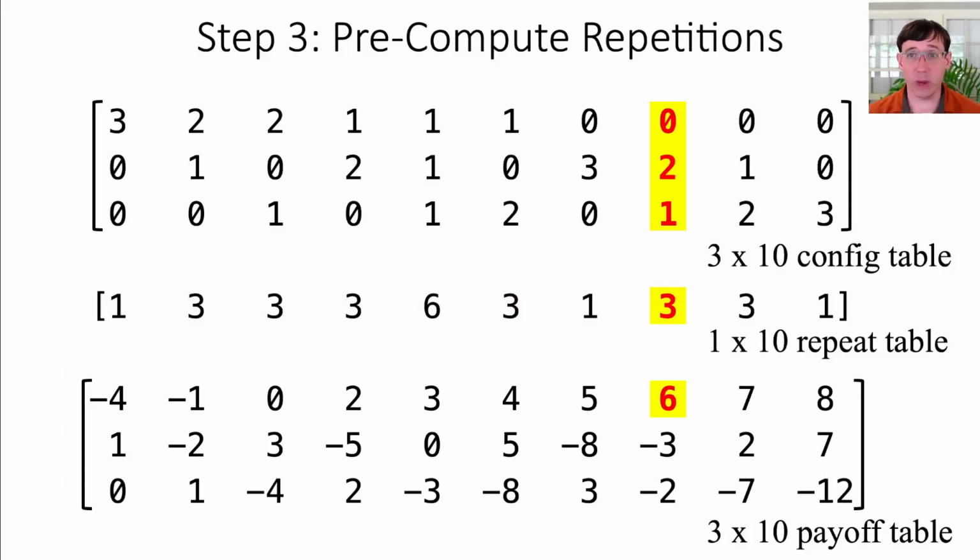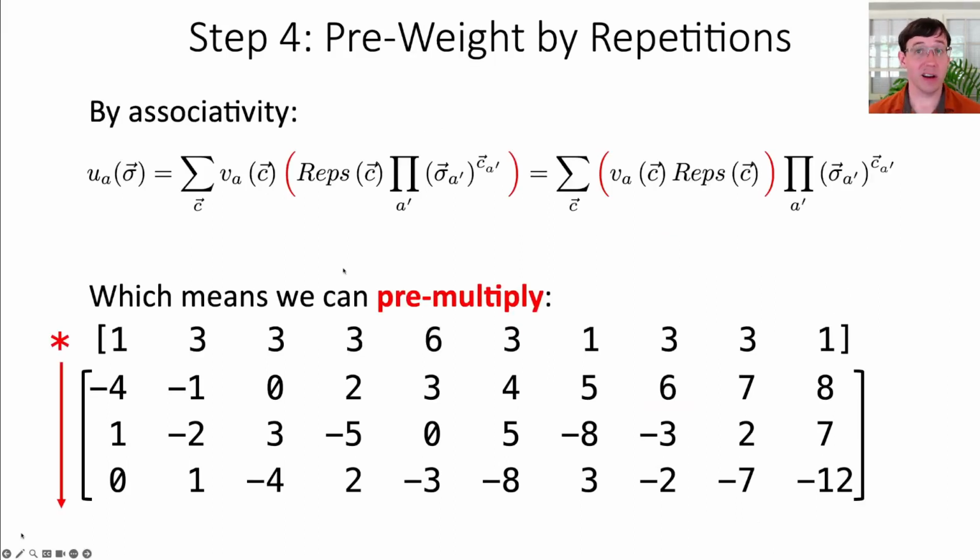But actually we can do even better, because even though the repetitions are logically part of the probability calculation, by associativity, we can move the parentheses and multiply the repetitions by the payoffs, and since nothing in this set of parentheses depends on the mixed strategy, we can do this multiplication in advance.